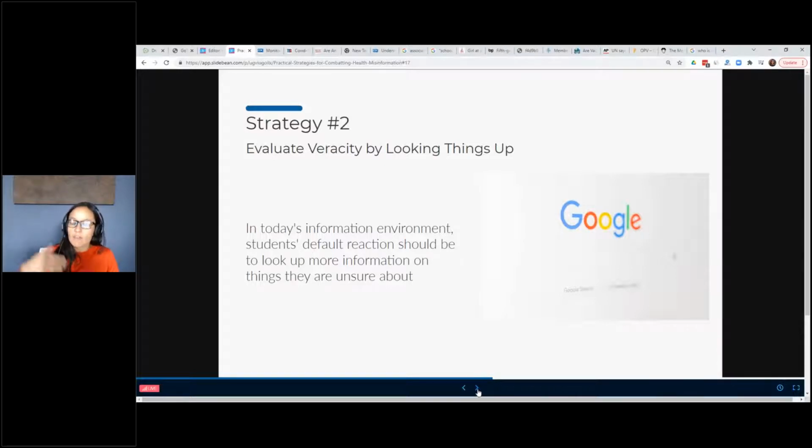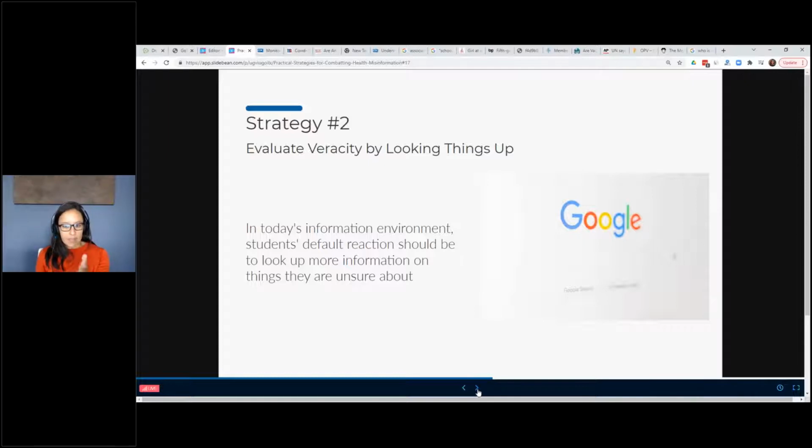So we're talking about a veracity evaluation methodology. This is our own analysts at Ad Fontes Media go through this process of evaluating veracity in order to determine within 15 minutes, 20 minutes, whether a claim itself is true. So in today's information environment, students' default reaction should be to look up more information on things that they are unsure about.